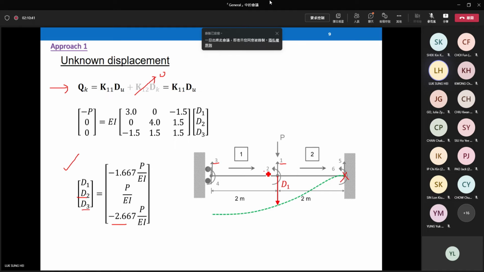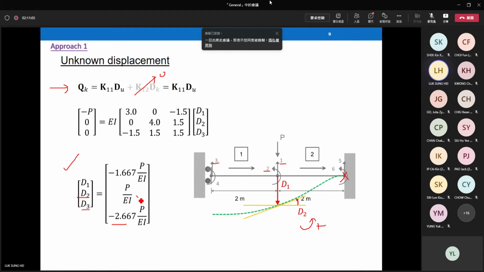Direction 2 represents the rotational degrees of freedom, which is talking about rotations. From the picture here, our rotation angle is anticlockwise. Anticlockwise means positive, according to our sign conventions in the stiffness method.